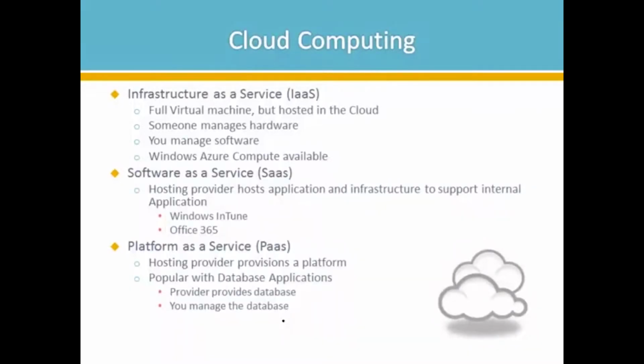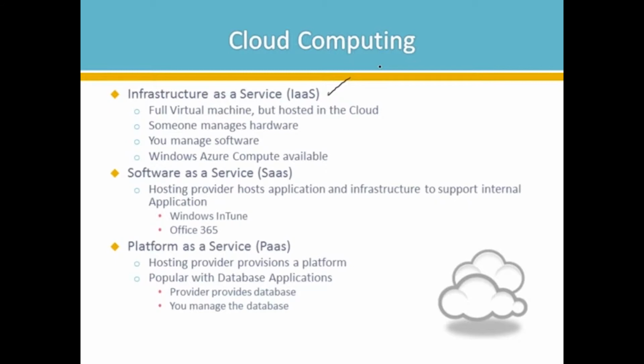Some of the other things that can happen in the cloud is you have something called Infrastructure as a Service, otherwise known as IaaS, which means you have a full virtual machine, but it's being hosted in the cloud. As a matter of fact, I had mentioned a customer where everything's in the cloud, so do we actually need an on-site server? Really, everything is in the cloud, but they're using a remote desktop technology to go into a virtual machine, which happens to be a virtual server in Hyper-V.